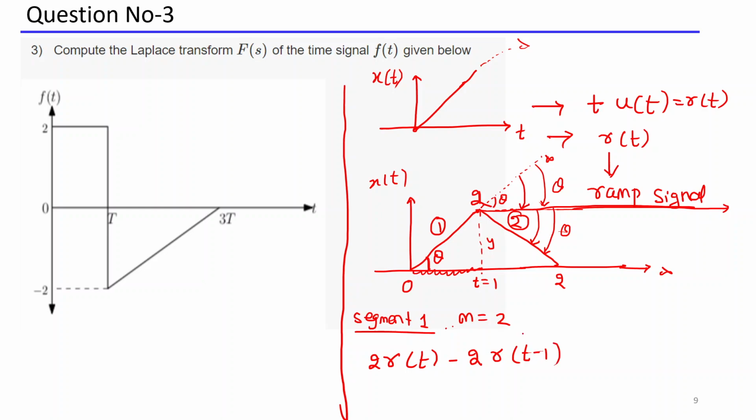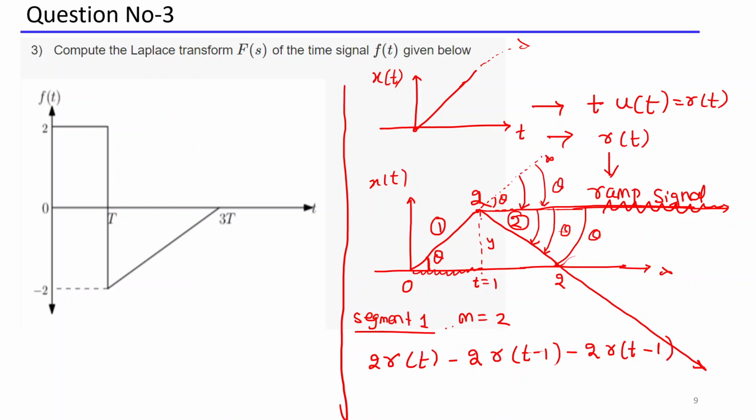You are falling and moving along the horizontal axis. But you are again at the same slope theta, falling and moving in this direction. So I am drawing another with the same slope, 2, r of t minus, at which point now? This is again at t equal to 1.